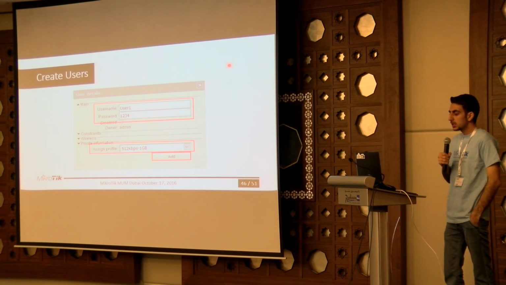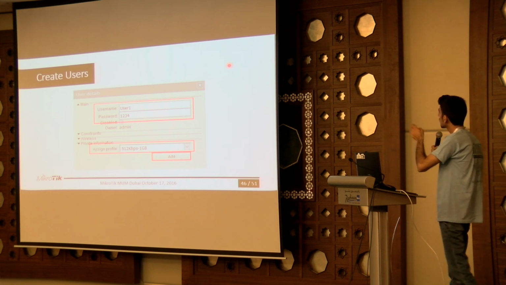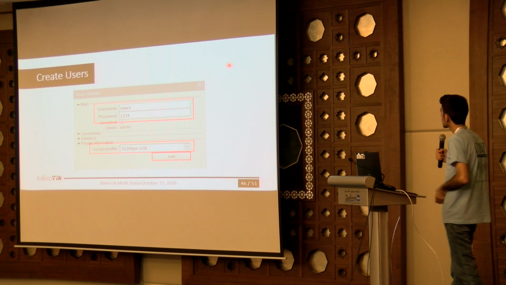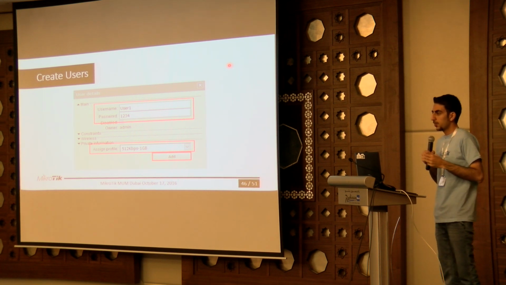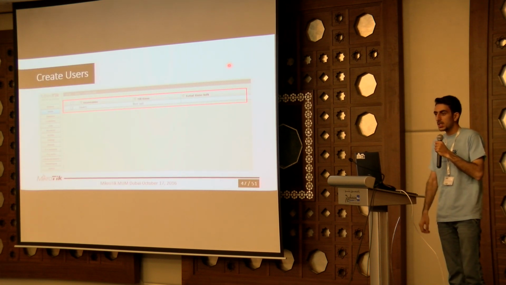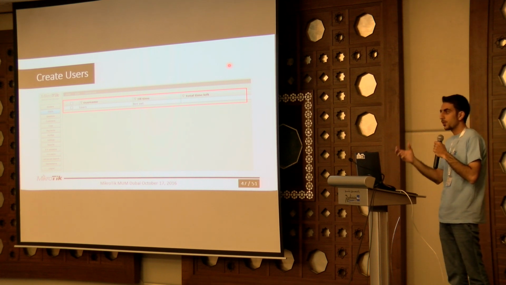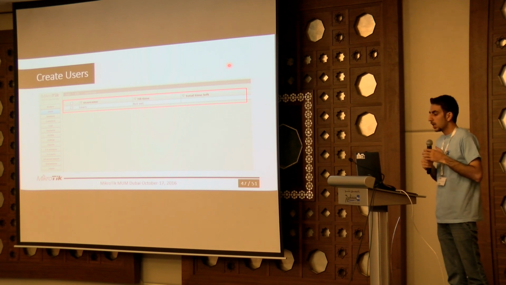After clicking on one, we should enter a username in the username text box and enter a password in the password text box and select a profile in the assign profile section. Now we have a user with password, profile, and limitation, and we can test it.